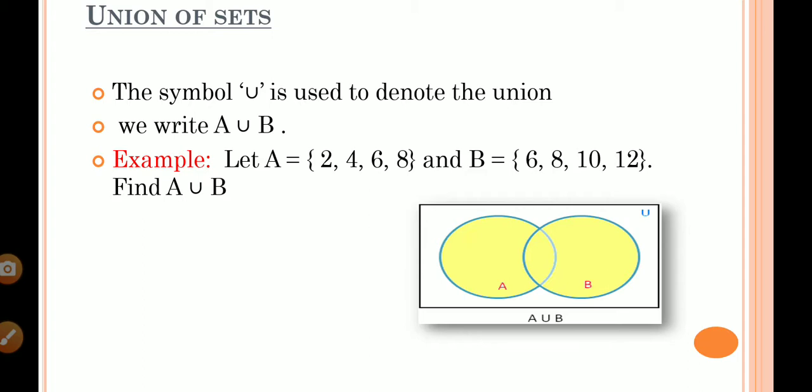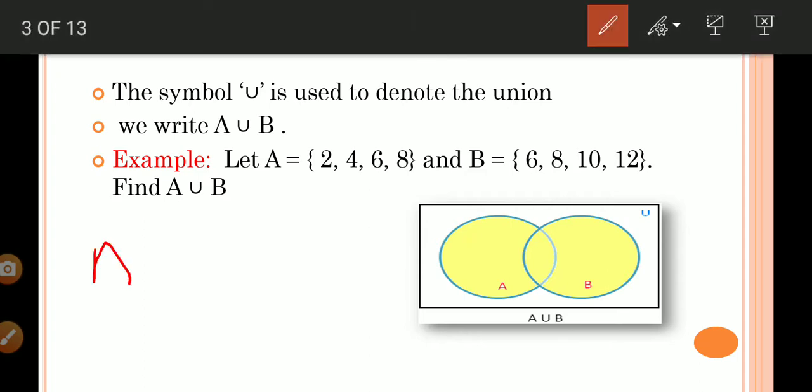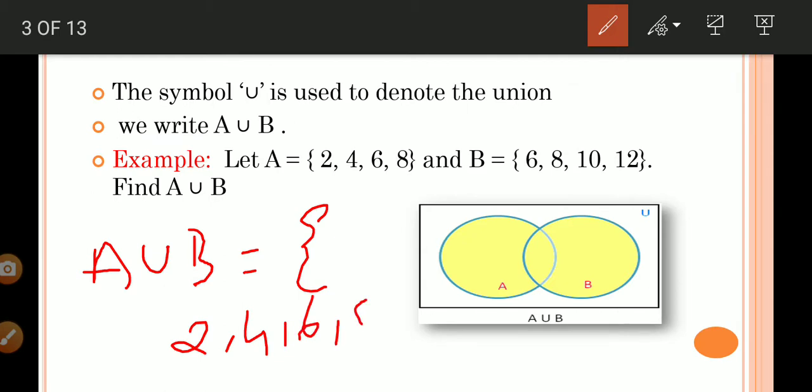Now I can say A ∪ B equals {2, 4, 6, 8, 10, 12}. I have taken all the elements of A and all the elements of B, but the repeated, common terms are taken only once.